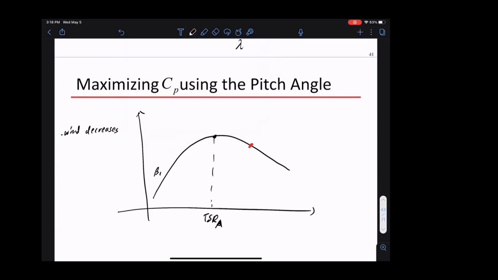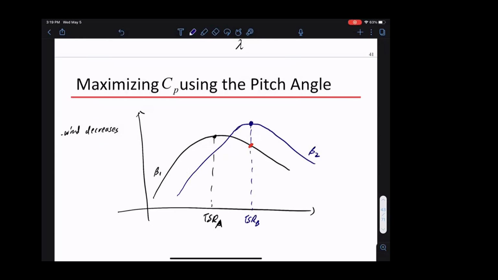Now you change your pitch angle. Let's say your curve is now beta 2. But you're still operating at this point at the different pitch angle. So your actual point of operation here is at this blue point.